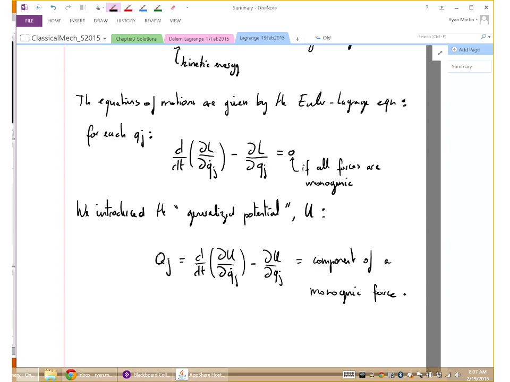That's so that you can include this potential U inside of the Lagrangian L. So what makes this a generalized potential is that first term with the d by dt. If it was just the minus ∂U/∂q_j, then that's very much like a standard potential for a conservative force, such as gravity or the Coulomb force, or the electric potential.